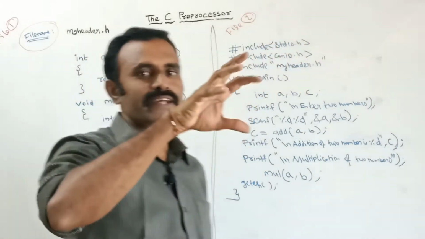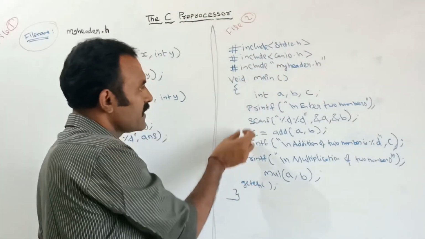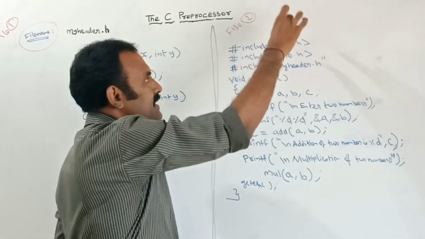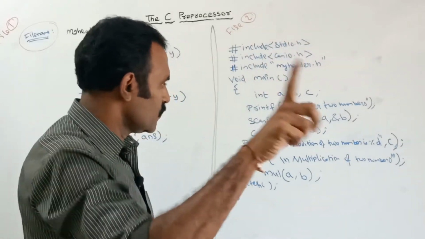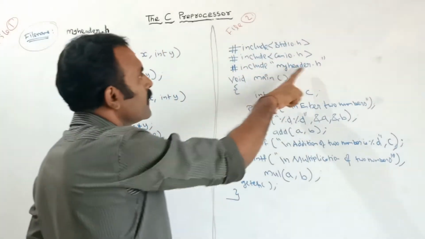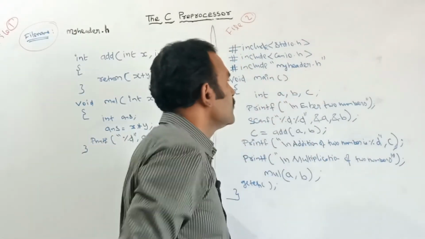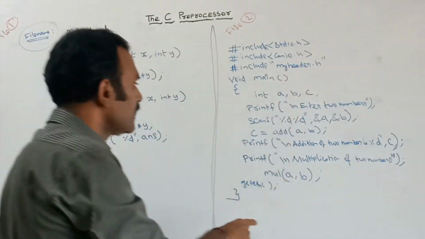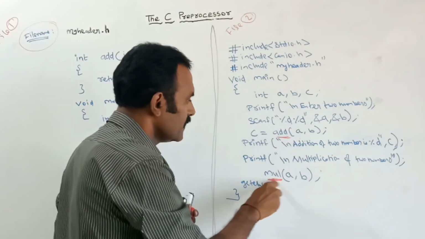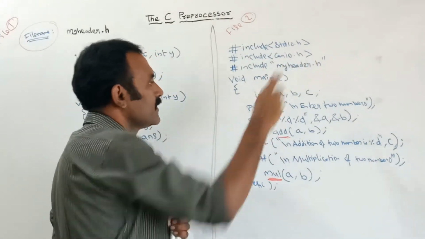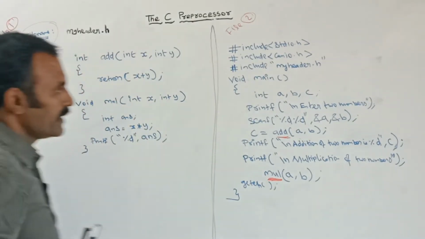For invoking those functions I include these header files, because printf and scanf are inside stdio.h, and getch comes under conio.h. Next I am including another, user defined header file, myheader.h. I include it because the functions add and mul are inside this header file myheader.h, since I created these two functions inside myheader.h.